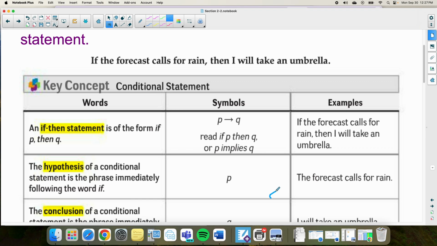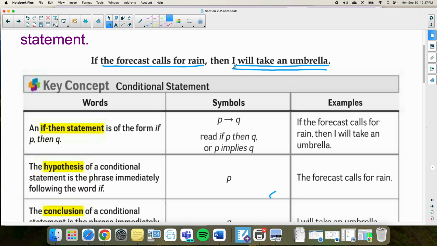On your assignment, when you have to determine what the hypothesis and conclusion is, you're going to be writing out the statement, and then what I have you do is underline the hypothesis once, but notice I did not underline the word if. The hypothesis is everything with the if, but I don't underline the word if. The conclusion is what your then is, and you double underline that.